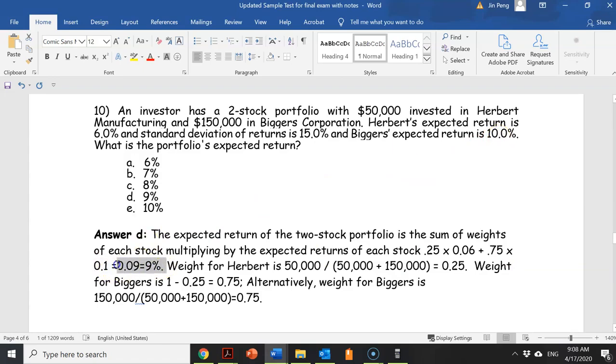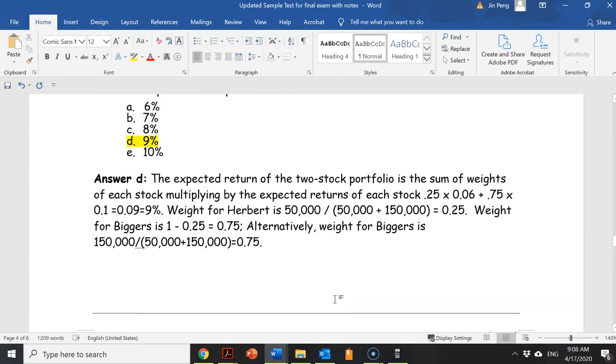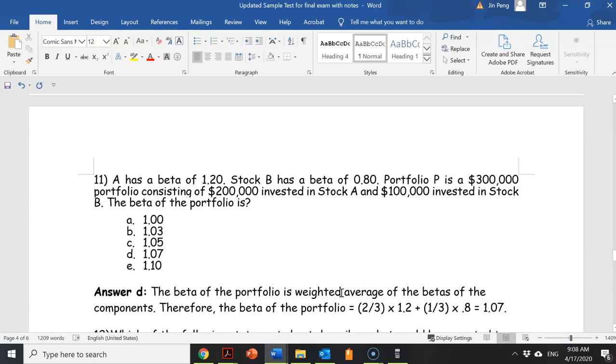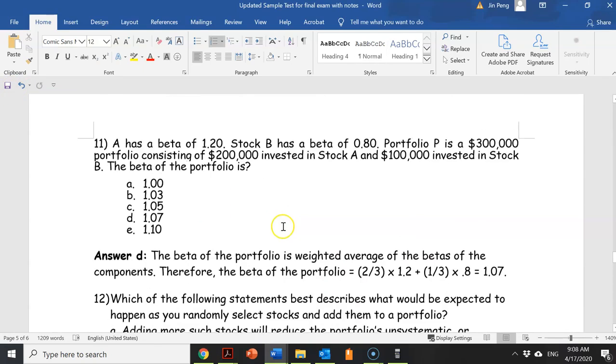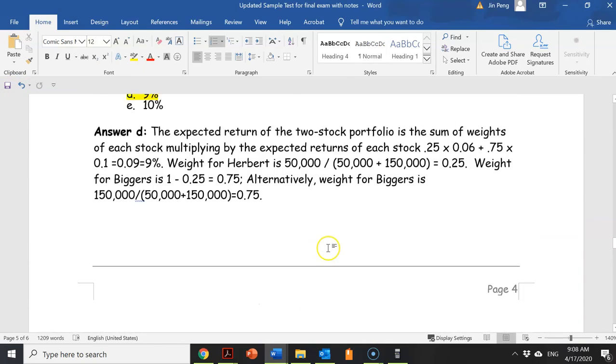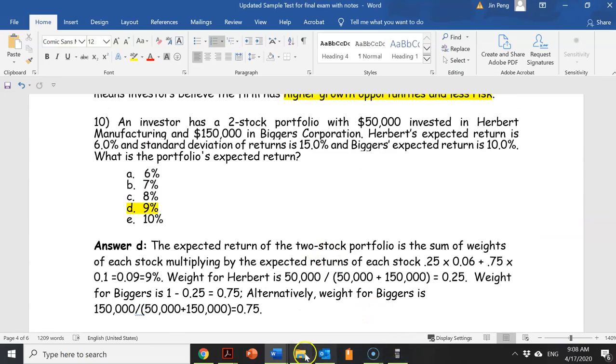Okay, so we have 9% as the expected return for the portfolio. We don't need the standard deviation information for this specific question. Okay, so this is question 10, the expected return of the portfolio.